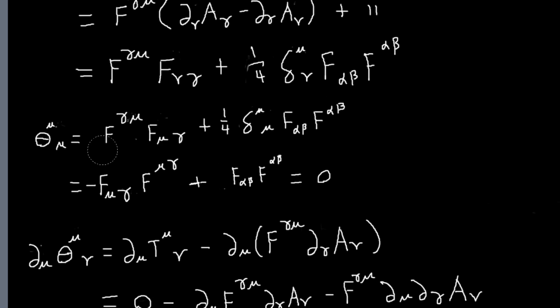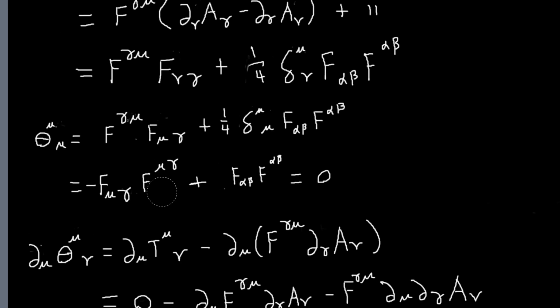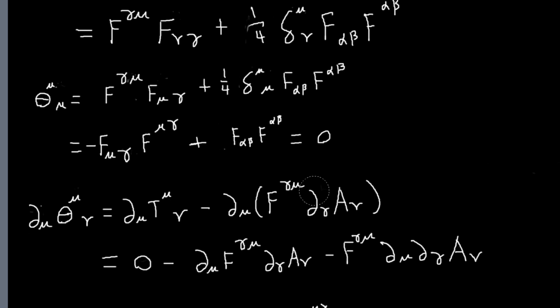So if we calculate the divergence of this, if we use our original expression here and calculate the divergence of that, we'll get d mu of our original energy momentum tensor minus d mu of this term.